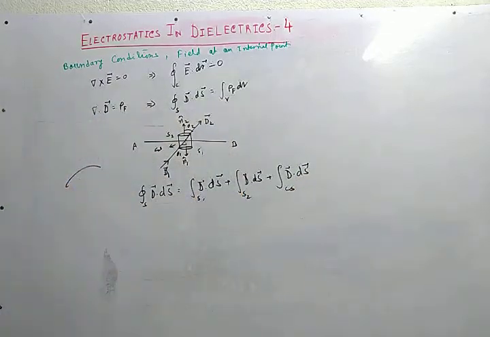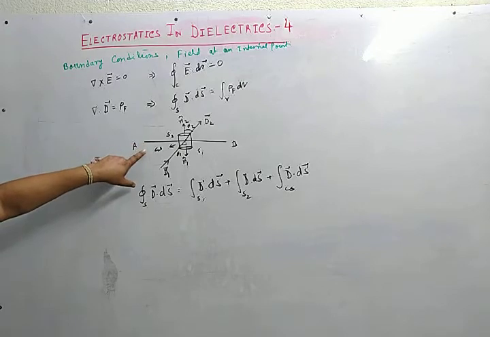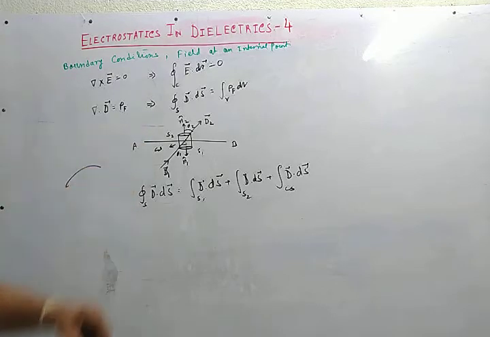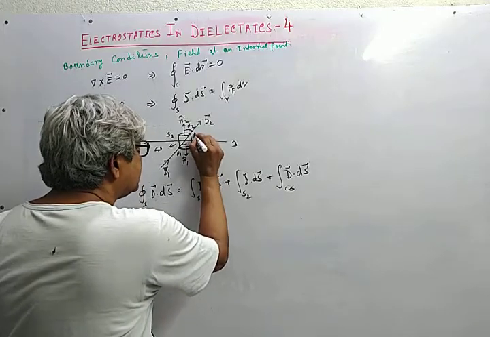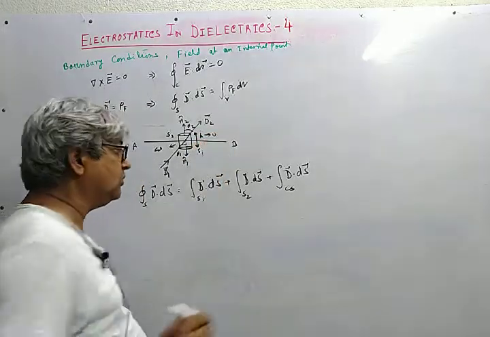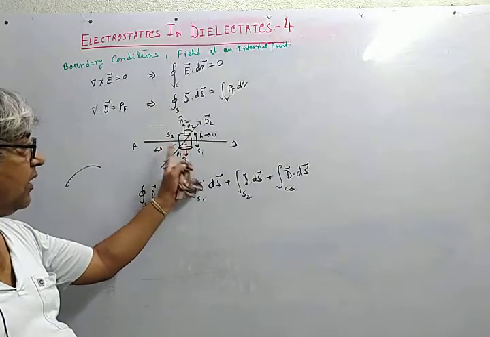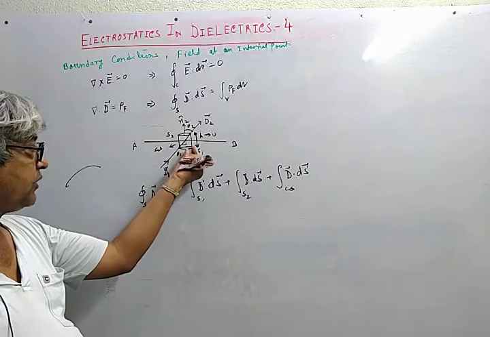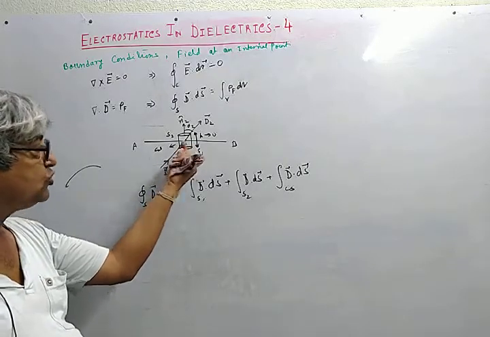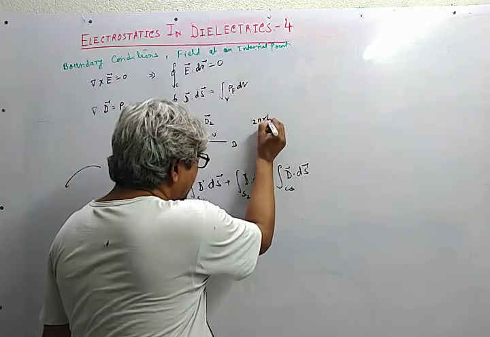As we are interested only in the properties of the field vector just on either side of the interface, we make the height of this pillbox vanishingly small, so h tends to 0. The curved surface area of the cylinder, if the radius is r, is 2 pi r h.